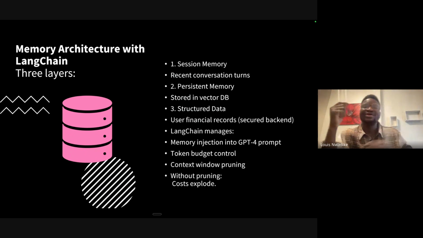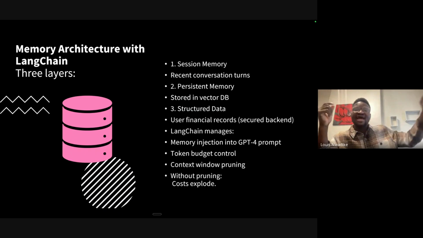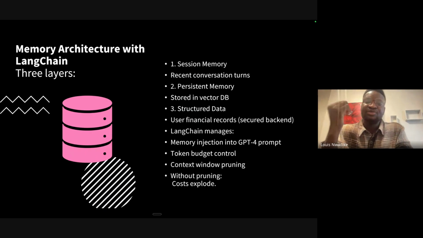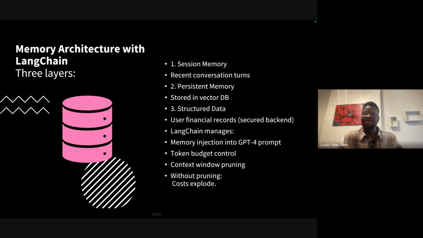There needs to be a way to inject the previous round trips done in a session into the context of the current session. That is where memory management comes in. LangChain fits perfectly into this by the architectural layer it provides. So we have session memory, the recent conversation turns.